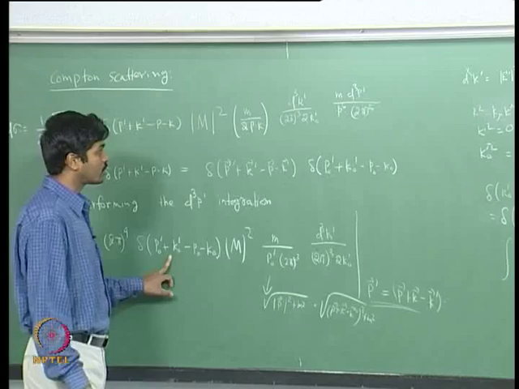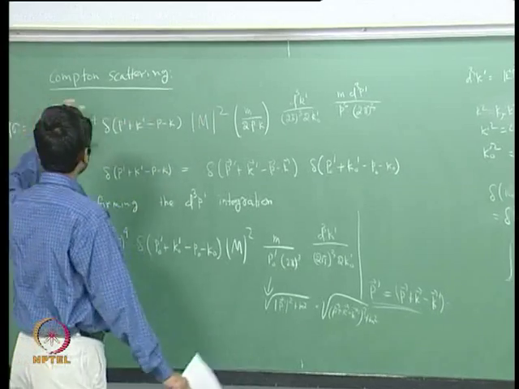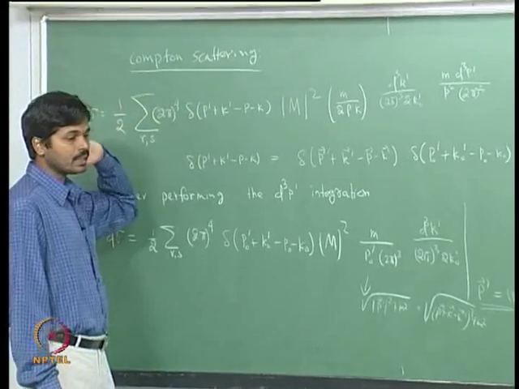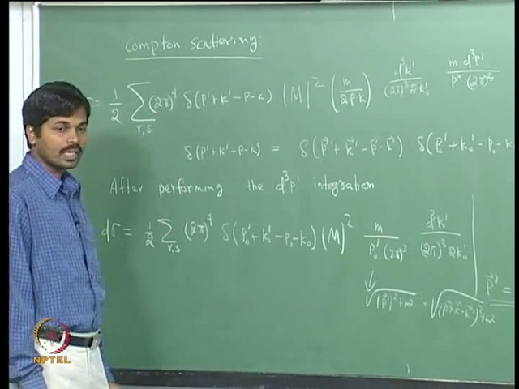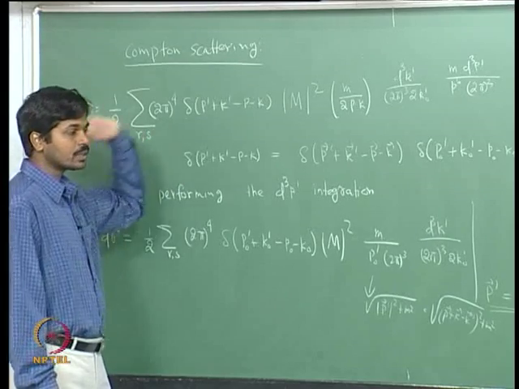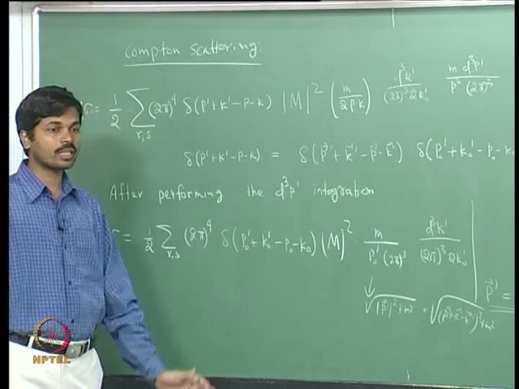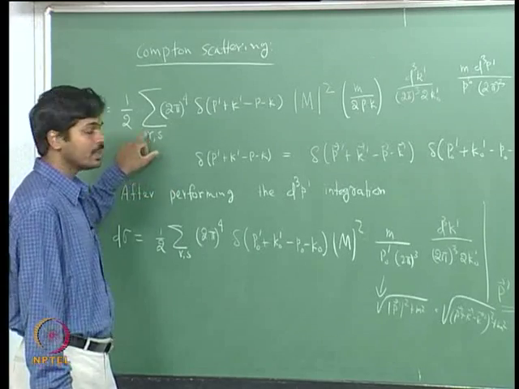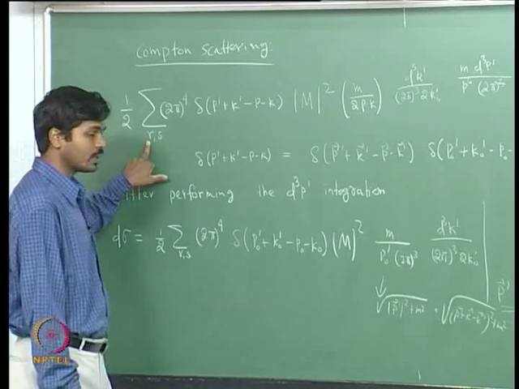Okay. So what we did is we considered the differential scattering cross section. We have assumed that the initial electron is unpolarized, so we averaged over the initial electron, and also we said that we do not care about the spin of the outgoing electron. Therefore, we sum over all the spin values for the outgoing electron.